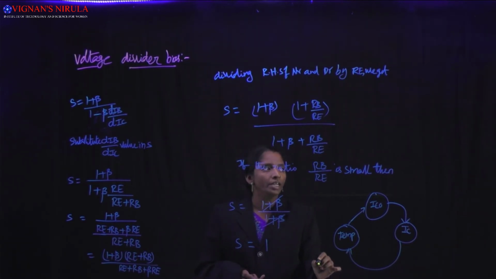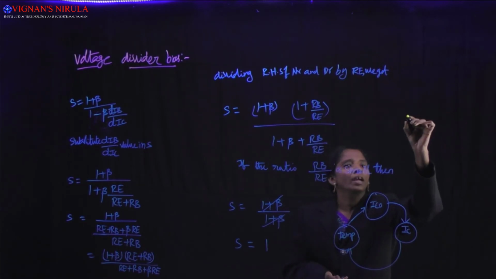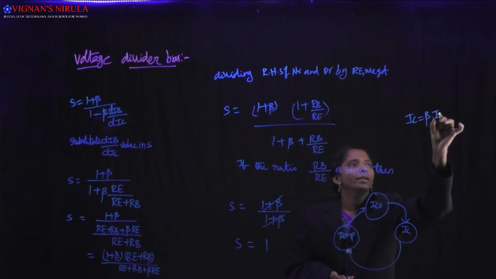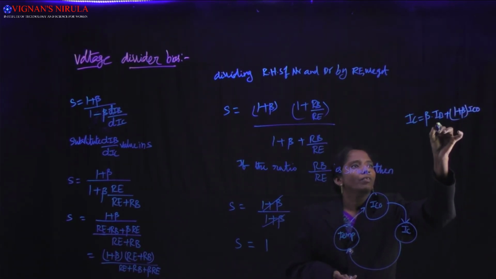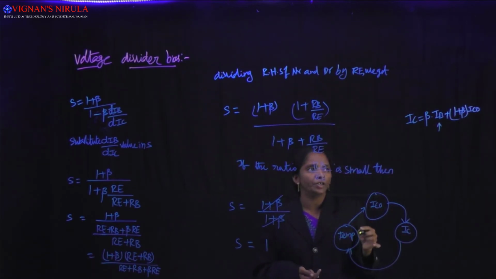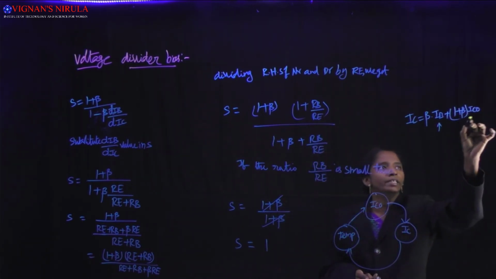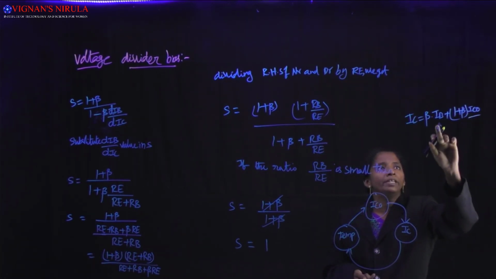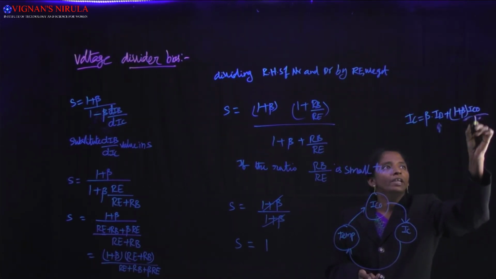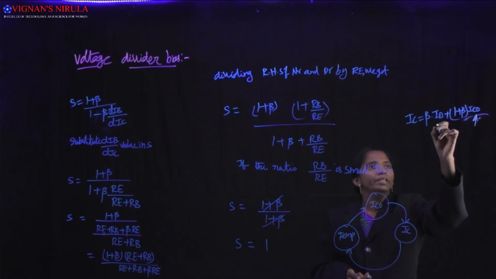We have the equation for collector current, that is IC equal to beta into IB plus 1 plus beta into ICO. So according to this circuit, if IC increases, IB is reducing. If IC increases, IB is reducing.